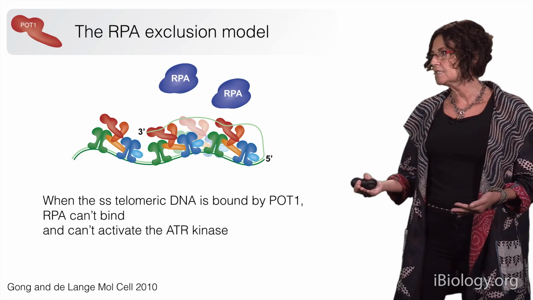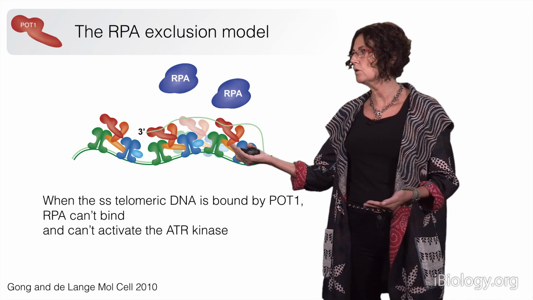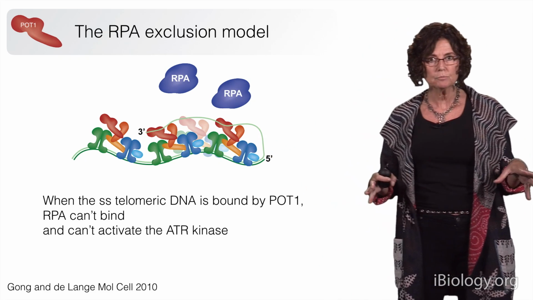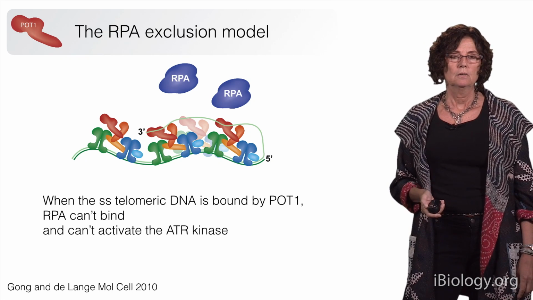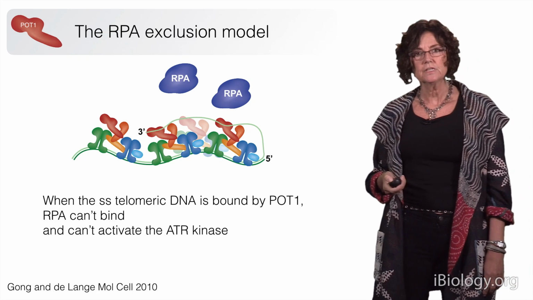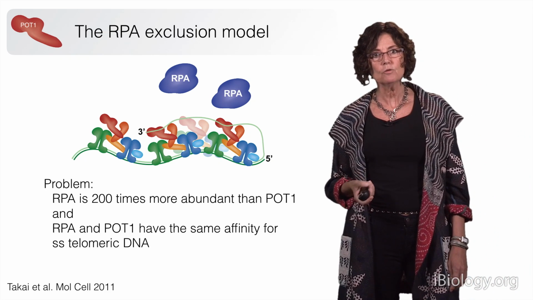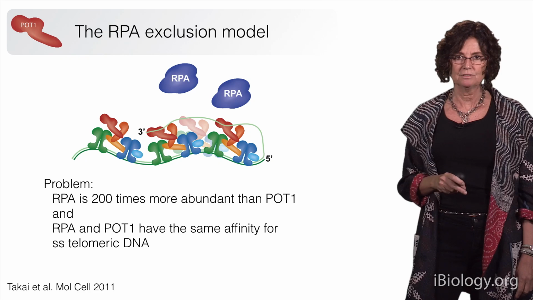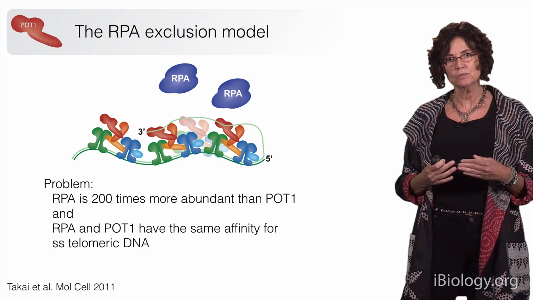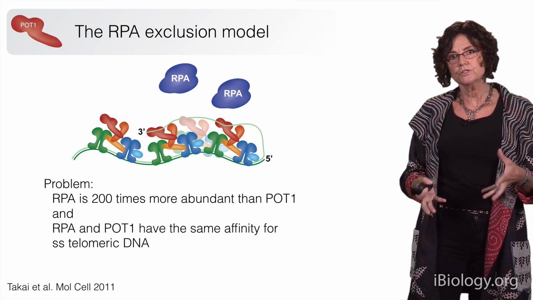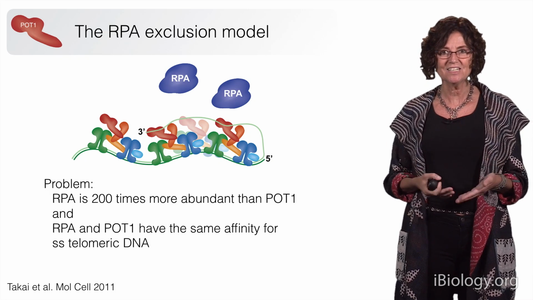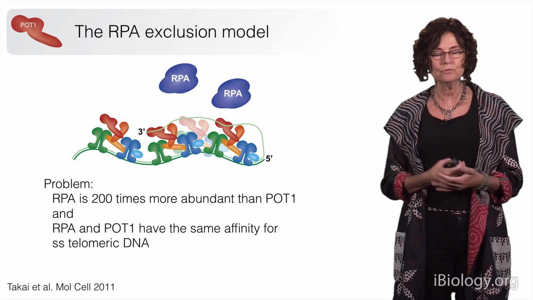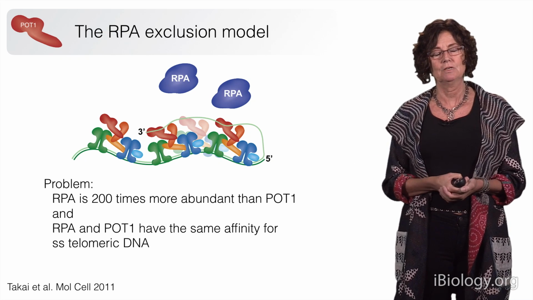So the idea is that the whole single-stranded part of the telomere here is covered by Pot1, and then RPA can't bind. But there is a problem with this model, and that is that RPA is extremely abundant. So this is a competition model where Pot1 wants to win in this competition from RPA, but it's dealing with a protein that's about 200-fold more abundant than itself.